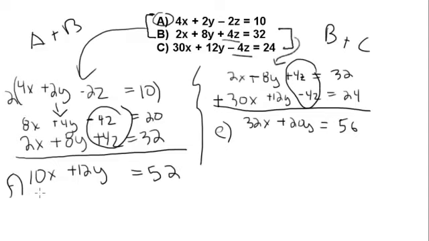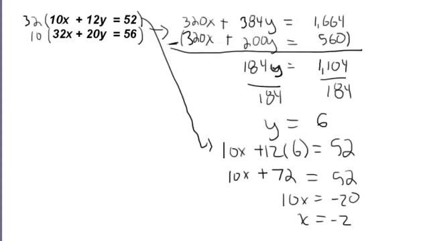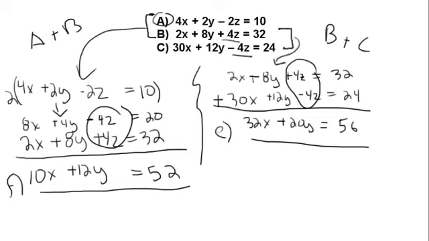Because then what you end up with is something you should be familiar with: two different equations with two different variables, and we know how to solve that, which we did in our review. We used elimination to find out that x equals negative 2 and y equals 6.